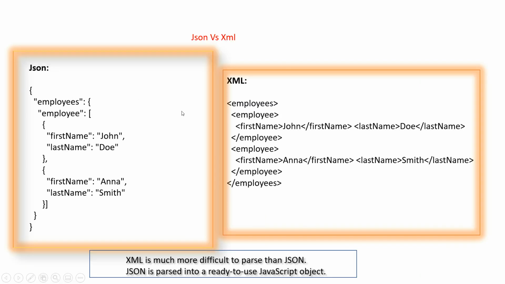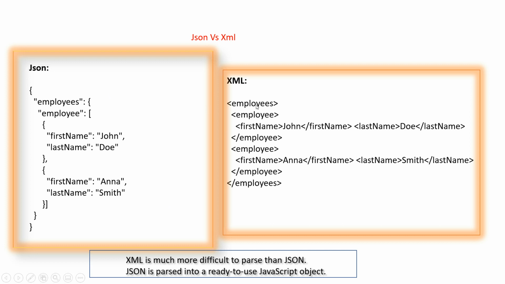This one shows two very common message exchange formats: JSON and XML. You can see how we can convert this JSON into XML. The first object is employees.